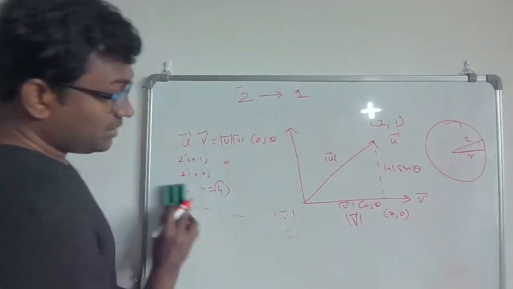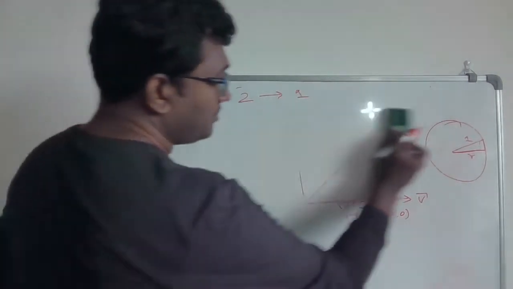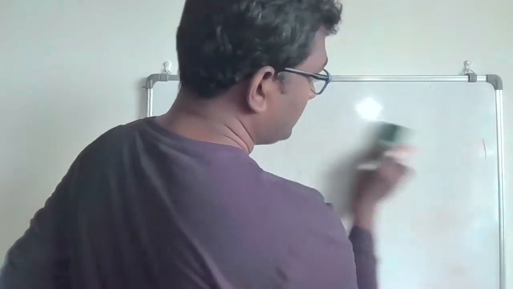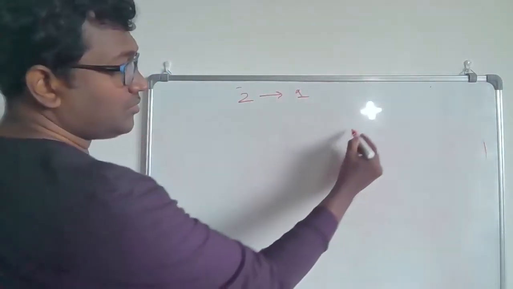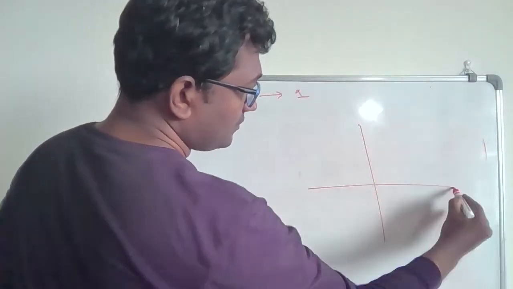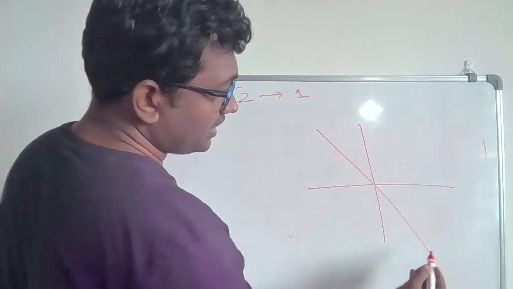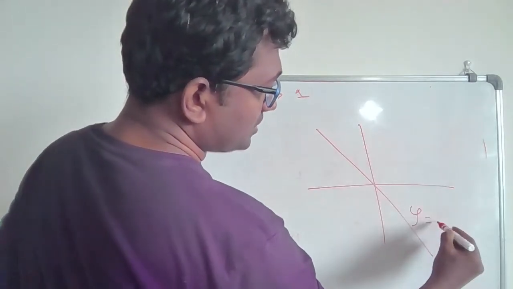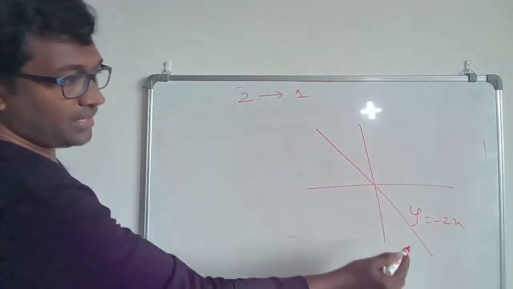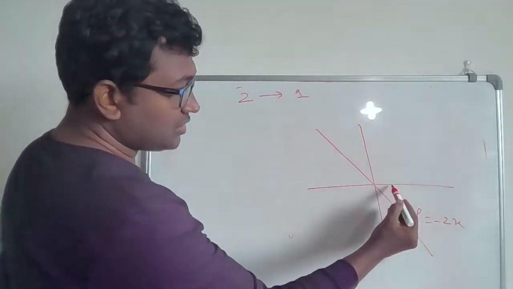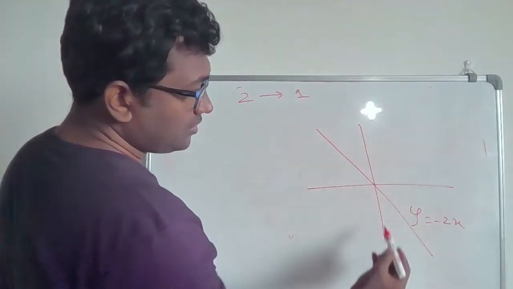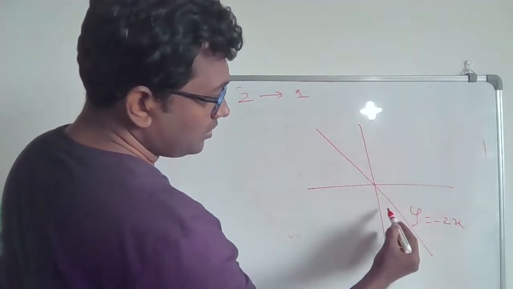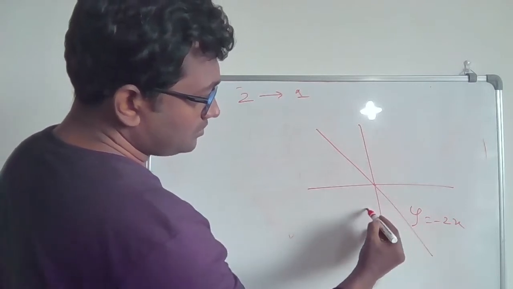Let's take one more intuitive example to make it more concrete. Let's say we have a line, y is equal to minus 2x. When x is equal to 0, y is equal to 0. When x is equal to 1, y is equal to minus 2.